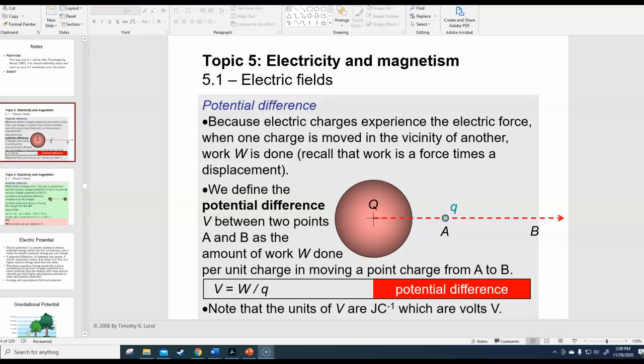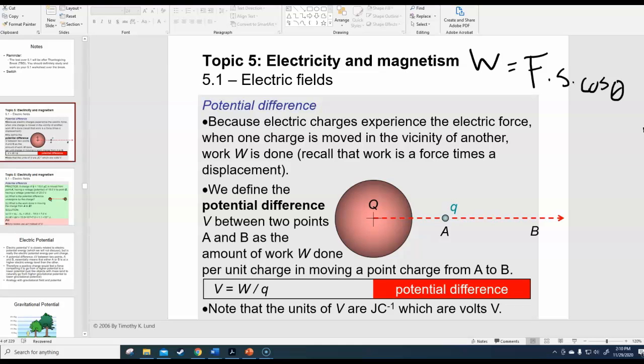So last year we talked about work, and just to remind you that the work done by a constant force is given by the equation Fs cosine theta, where F is the force that's acting, s is the displacement of the object, and theta is the angle between the force vector and the displacement vector.